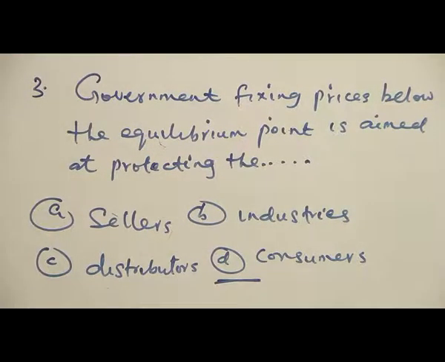So A cannot be right because we are not protecting producers here. Industry, so industry producers, we are not talking about industry in this situation as well. Distributors, we are not talking about them. So we are talking about consumers here being protected using maximum price legislation.